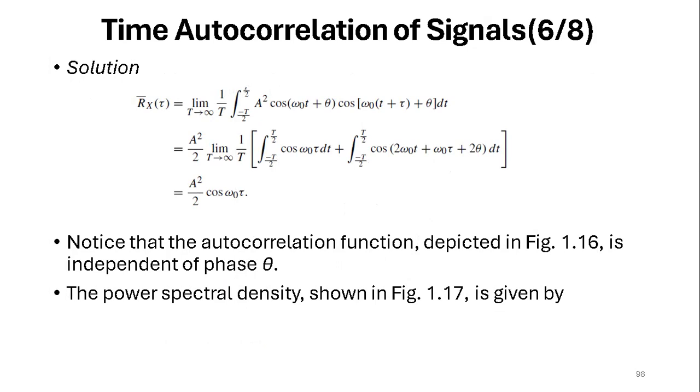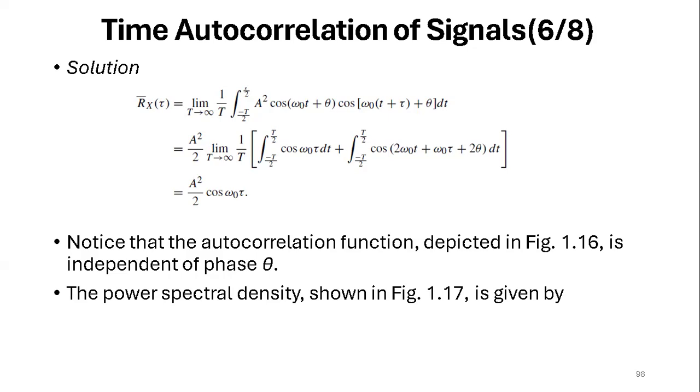Solution: Rx(tau) equals the limit as T tends to infinity of 1/T times the integral of A squared cos(omega naught t plus theta) cos(omega naught t plus omega naught tau plus theta) dt, which equals A squared over 2 times the limit of 1/T times the integral of cos(omega naught tau) plus the integral of cos(2 omega naught t plus omega naught tau plus 2 theta) dt, giving A squared over 2 cos(omega naught tau).